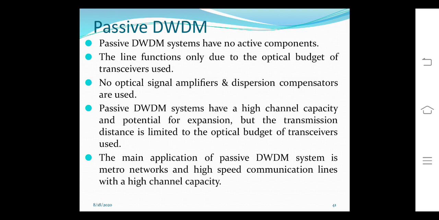So a passive DWDM system will have a high channel capacity and potential for expansion, but the transmission distance is limited to the optical budget of the transceivers used. The main application of passive DWDM systems is metro networks and high-speed communication lines with high channel capacity.